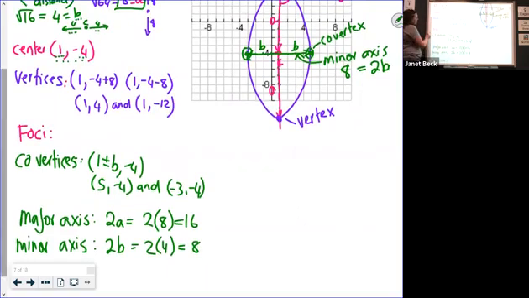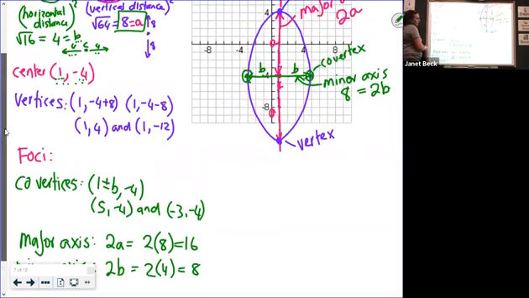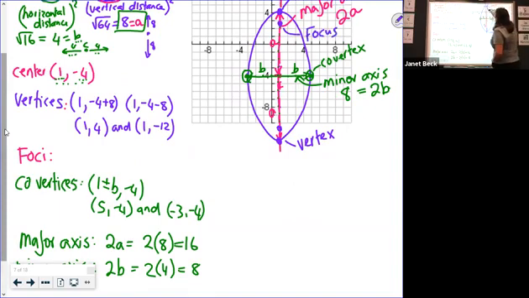Now these foci, where they're going to be is they're going to be on the major axis, and they're going to be about there and about there, but obviously about is not good enough. We're going to say the length they are from the center. Because it's a focus, we're going to use C. Okay? Can you see from this picture that C is shorter than A?